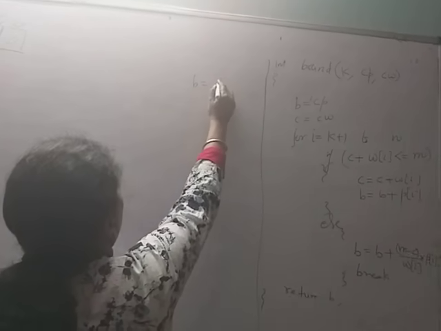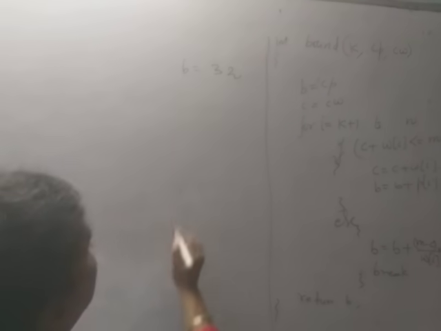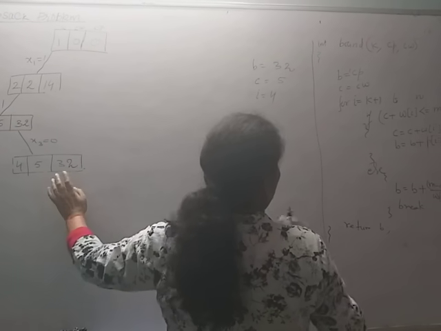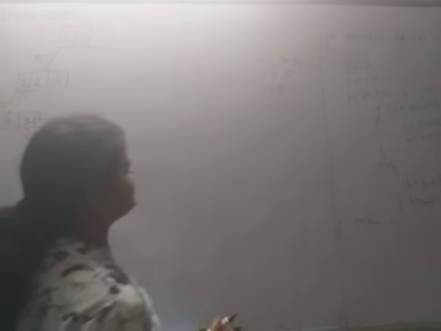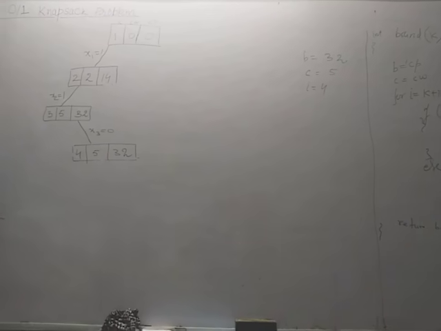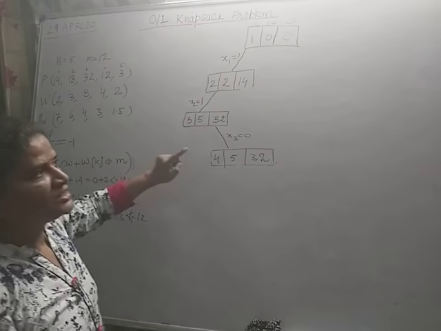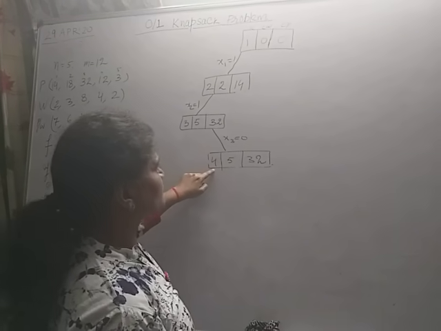So b is 32 and c equal to 5. From k plus 1 to n, so i equal to 4. Now consider the fourth weight. W4 is here 8.